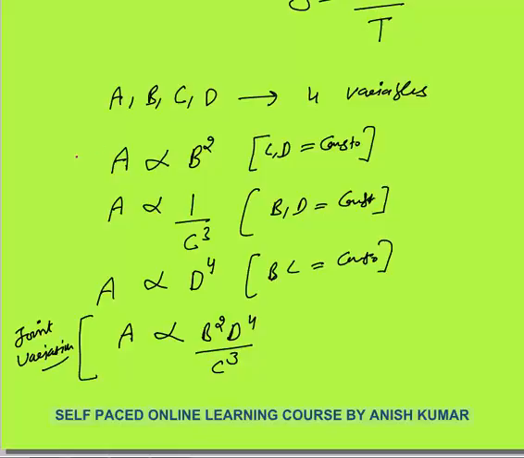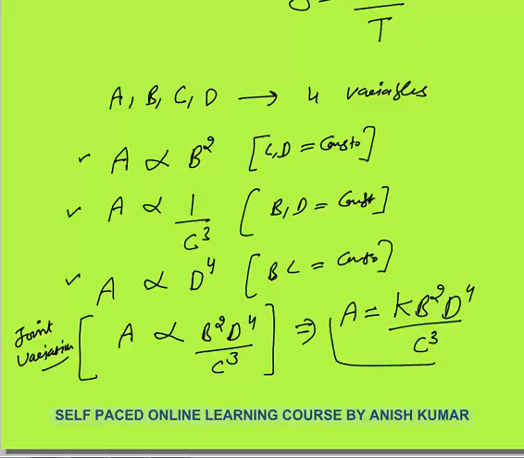Here A varies with B, the other 2 are constant. The same A varies with C, the other 2 are constant. The same A varies with D, the other 2 are constant. Now you can join them, and finally you can put only one constant. This will be A equals k times B square D power 4 divided by C cube. That is the meaning of joint variation.